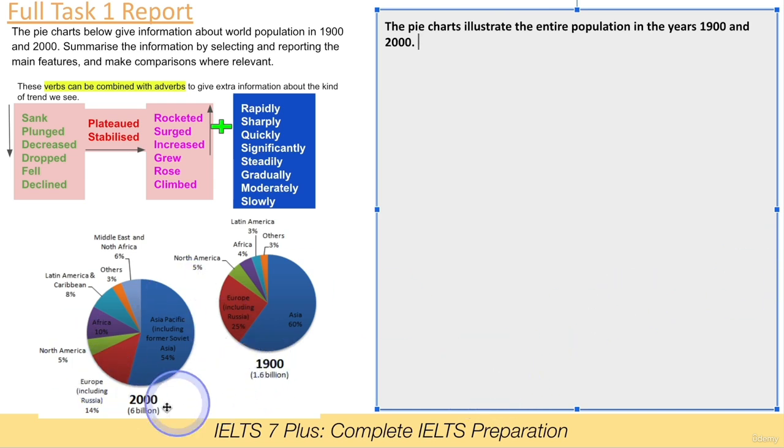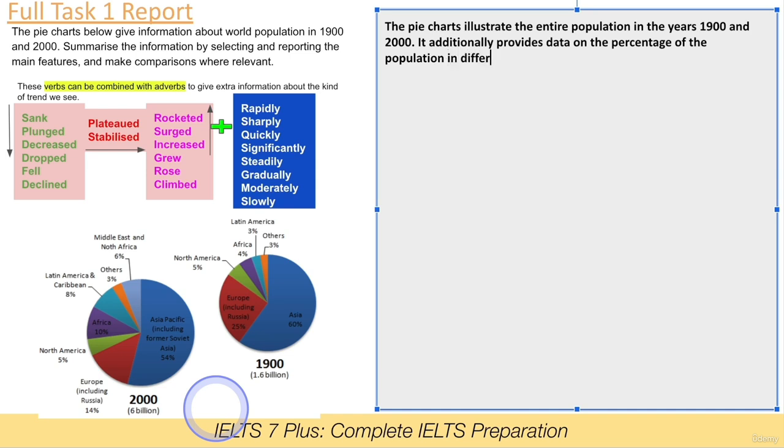And we can also add that it's not only stating that kind of information about world population, but it shows the proportions and the percentages basically in each category. So perhaps we could say it additionally provides data on the percentage of the population in different categories.